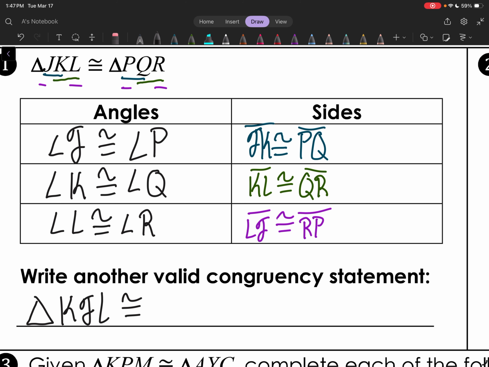I have to do the same thing for the next triangle. So I'm going to flip P and Q: triangle QPR, finished. You could have done LKJ and RQP, KLJ, QRP. There are several ways you can write it, just make sure the order is consistent.